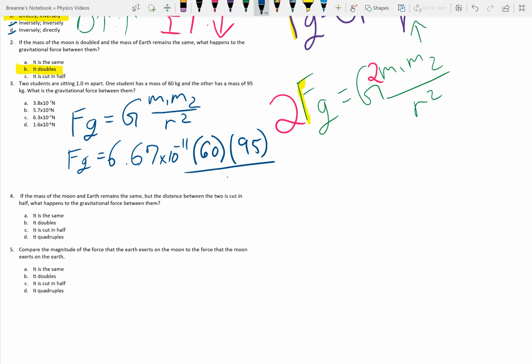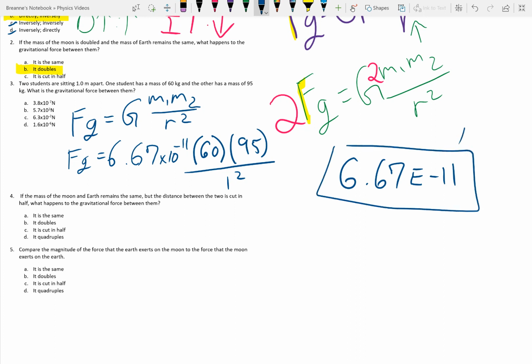We're going to divide that by 1 squared. Now remember, when you plug into your calculator, go ahead and put 6.67 e negative 11. Plug it in like that into your calculator.